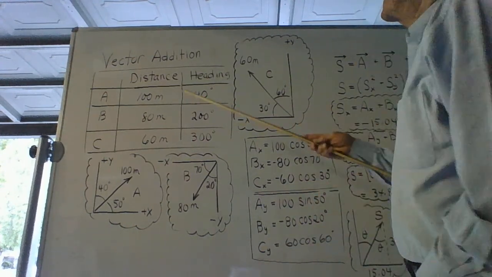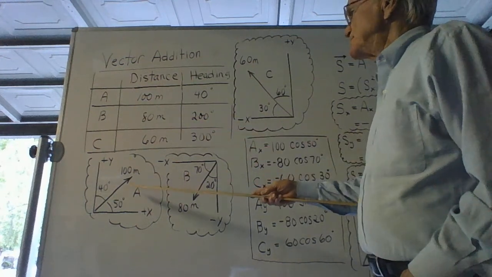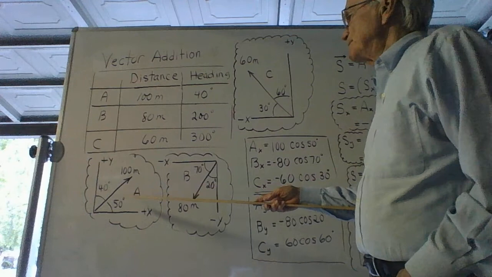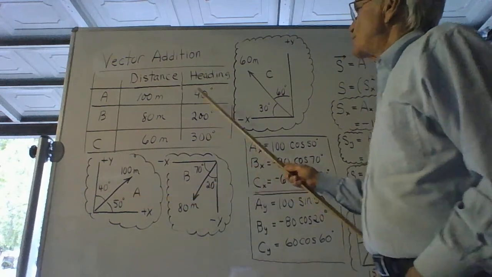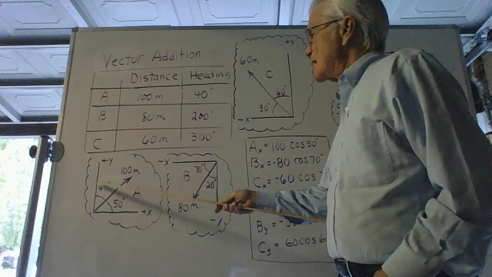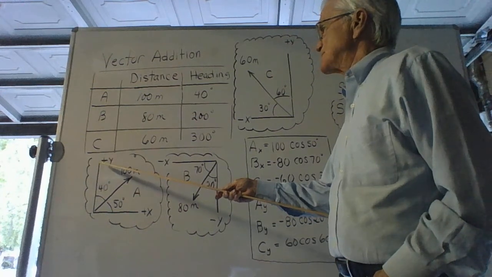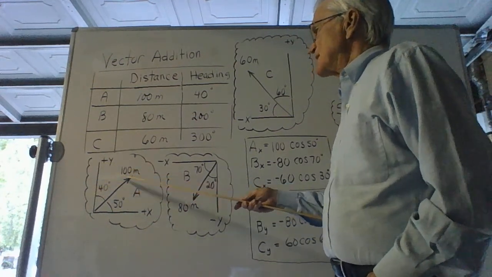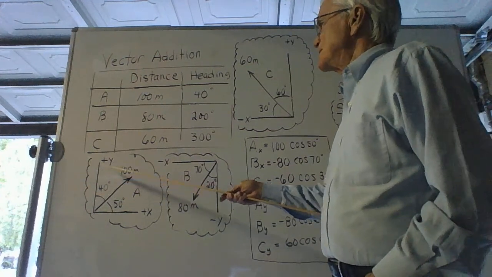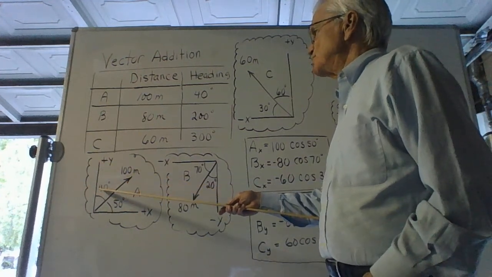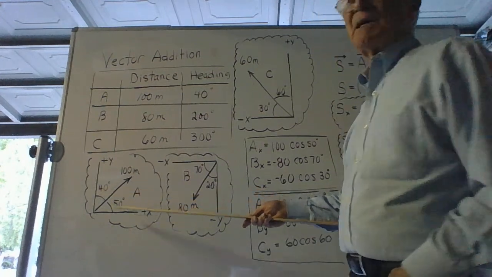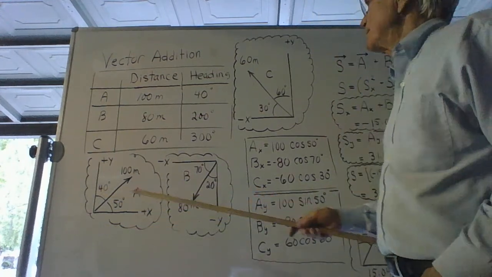Our first vector, vector A, is shown in this picture, 100-meter long vector A. Its heading is 40 degrees. There's your north axis, which we describe as the positive y direction. The angle between the vector A and the north direction is 40 degrees. The complement of that angle is 50 degrees, which we may put to use and we may not.